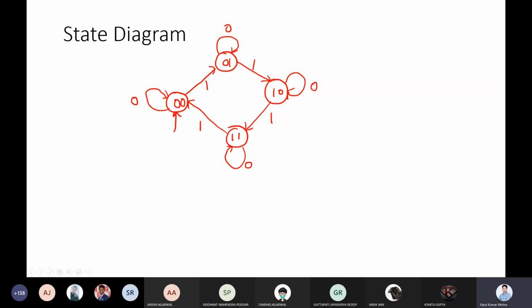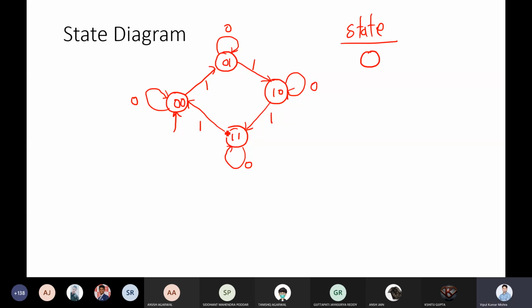Now here we have multiple components. First is the state. These round circles, where you have the values 0 0, 0 1, 1 0, 1 1, are known as the states. So this round is representing the state.